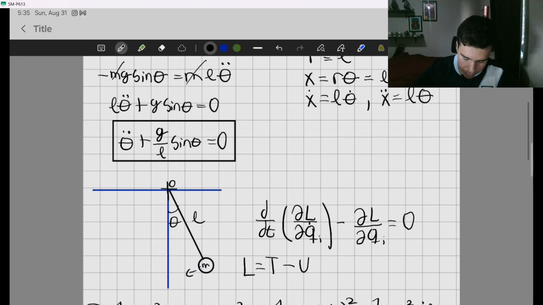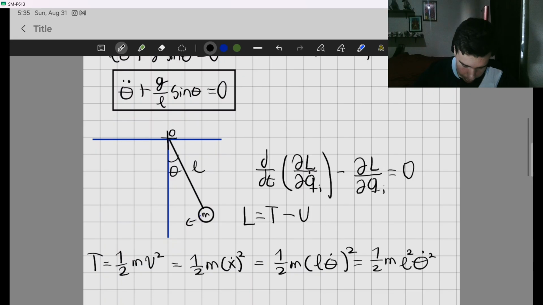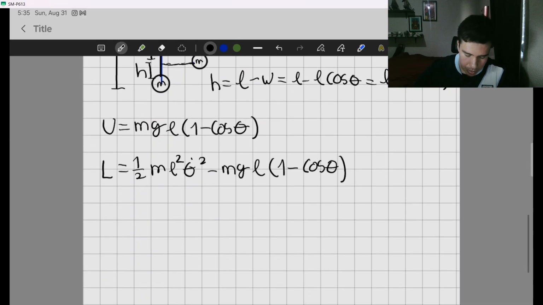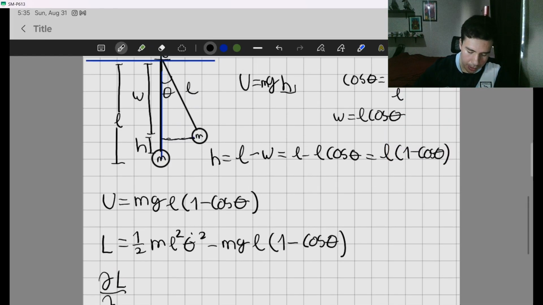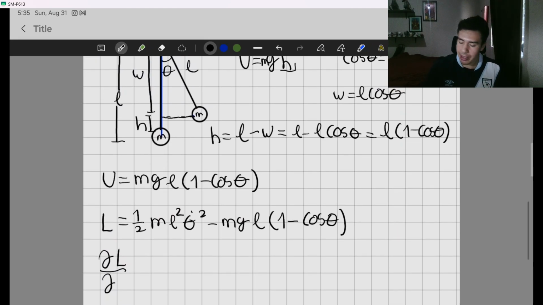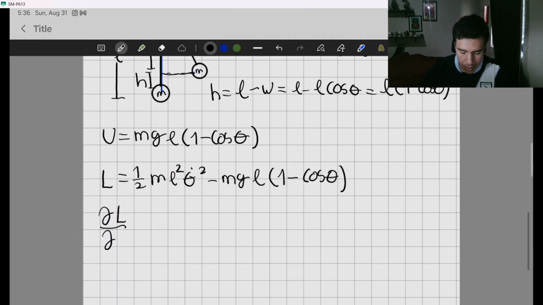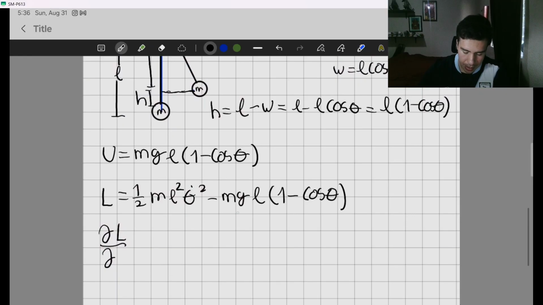So first we'll be considering the partial derivative with respect to the velocity. So the partial of L with respect to theta dot, the only coordinate that we are considering, because if we consider Cartesian coordinates, we need to consider two different derivatives, with respect to x and with respect to y. So we changed the coordinates from Cartesian to polar coordinates to make it easier.